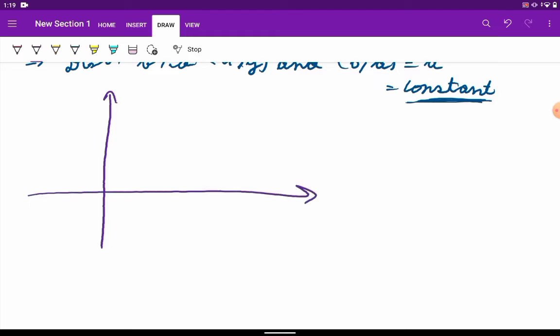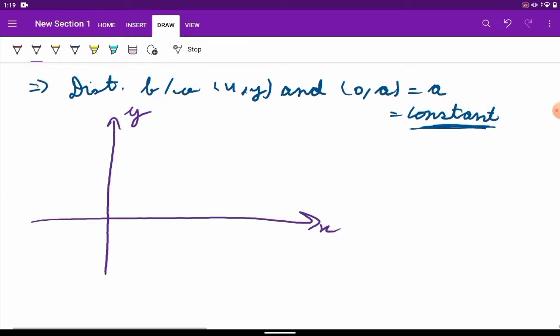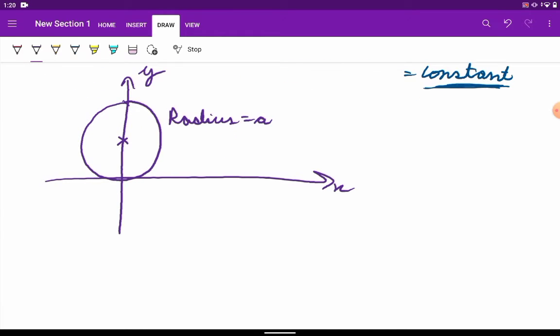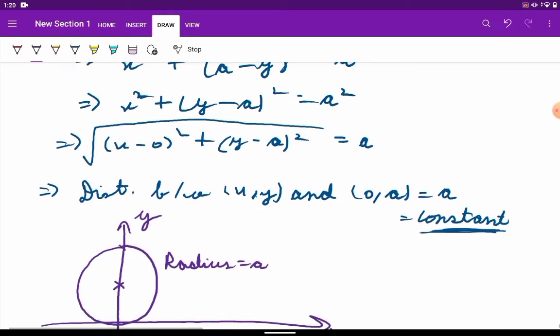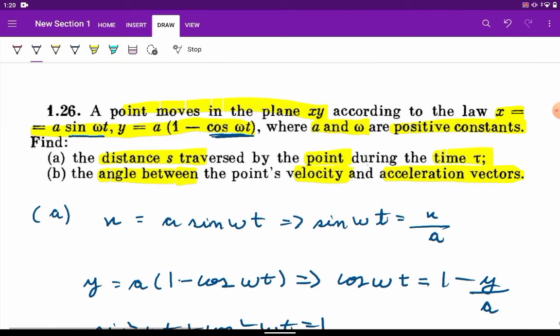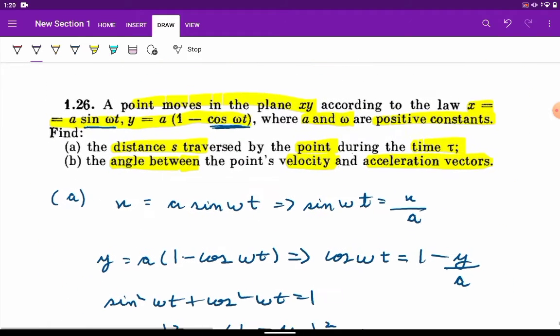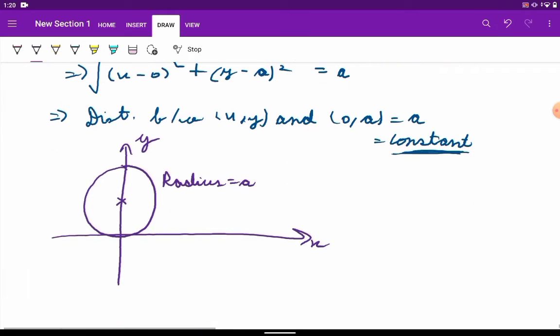This is x, this is y, the center would be (0, a), and it will be something like this with radius equal to a. This will be the trajectory. So this was basically to show you what the path is.